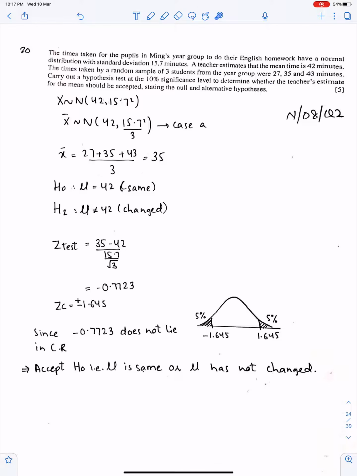Teacher says, let me check this. Mean time is 42, and the mean from this sample is 35. So same and change: this is your mu 42 and this is change, 40, not 42.